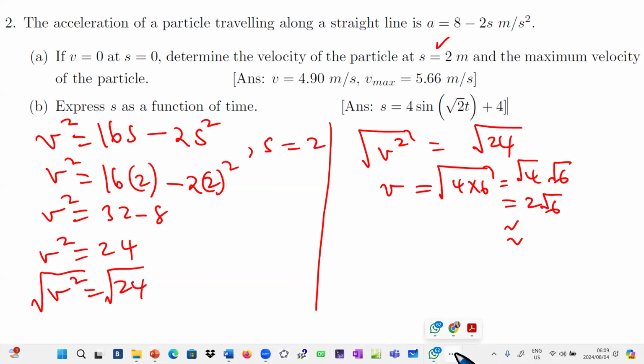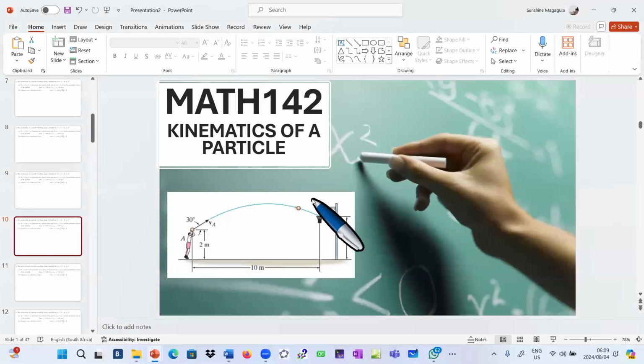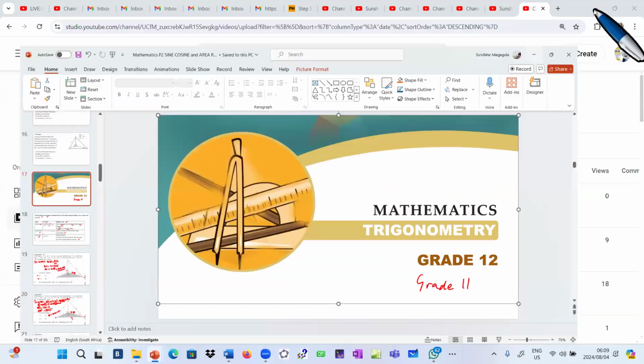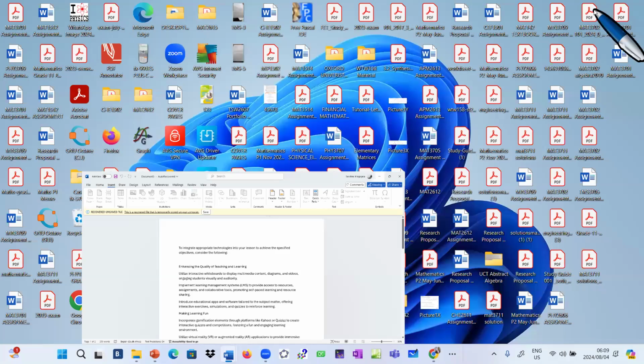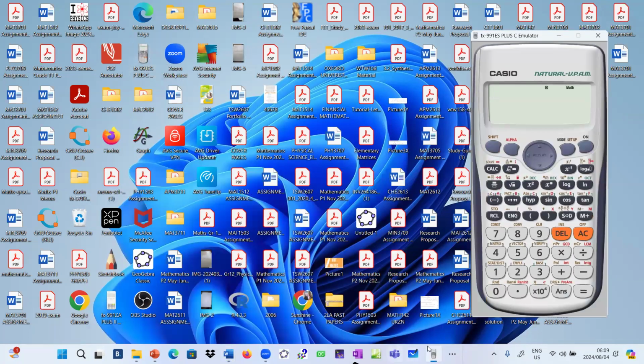Didn't load the calculator. Okay, let me just get the calculator, please. Just to make sure that we're able to confirm our calculations.